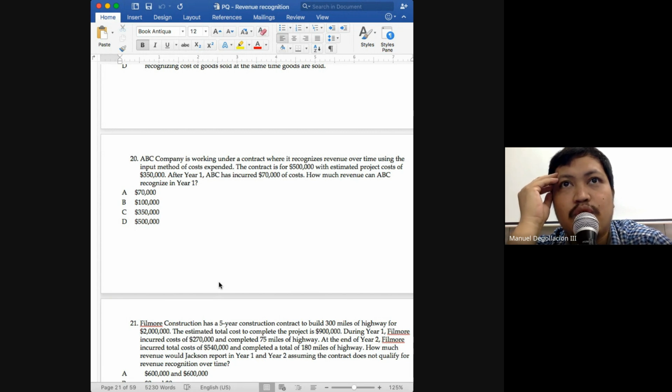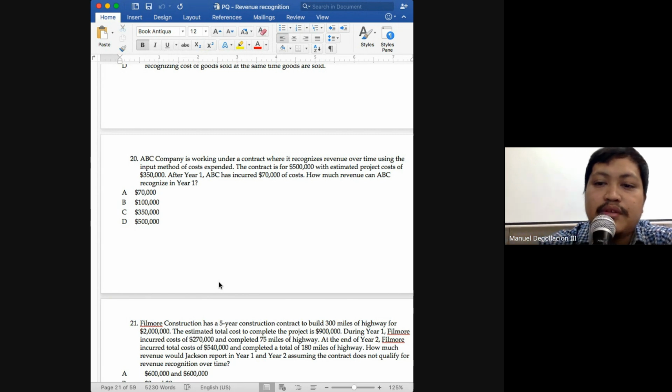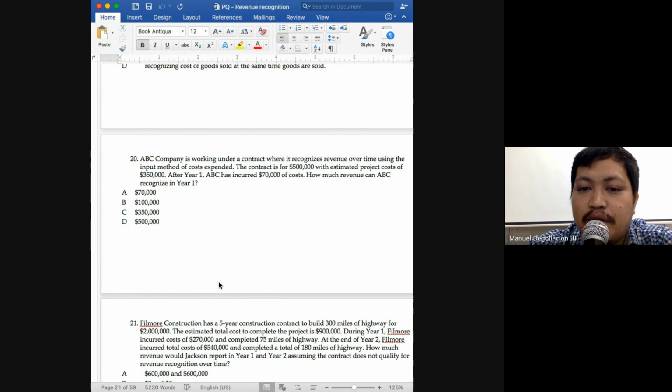Plus, if the question was how much profit will be recognized in year one, will we still be using the 20%? Yes, but instead of multiplying it with the 500,000, we will multiply it with the expected gross profit. How much is the expected gross profit from the contract? Contract price is 500, total estimated cost is 350.